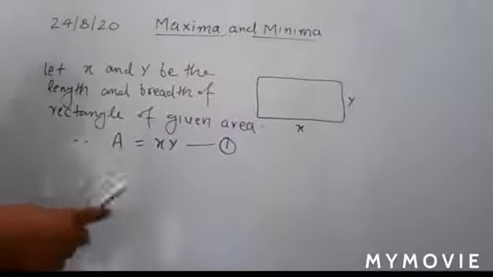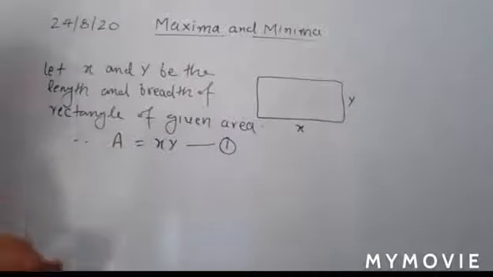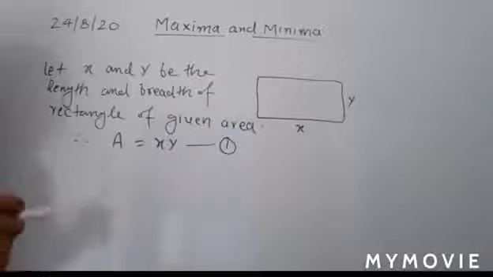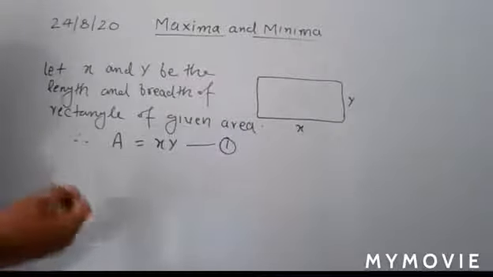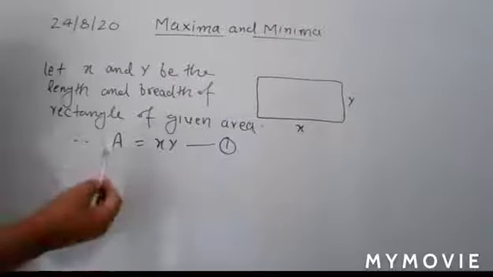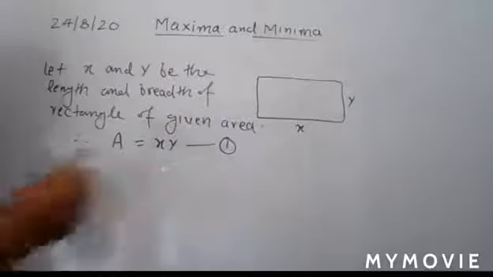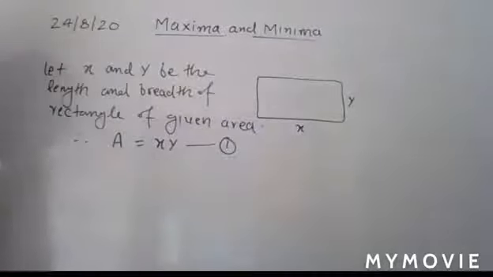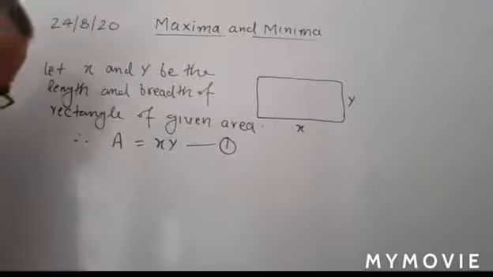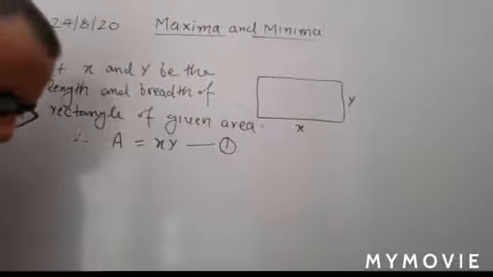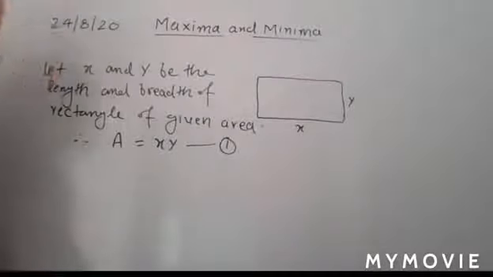If the quantity is given, then no doubt that given quantity is constant, that means it is fixed. Area is fixed. So what is your question here? What is to be maximized or minimized? Its perimeter. You have to prove that its perimeter is minimum, the smallest perimeter.